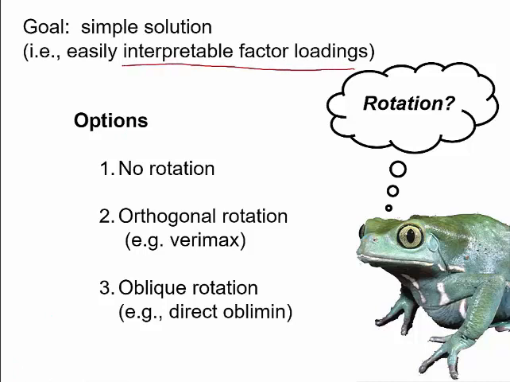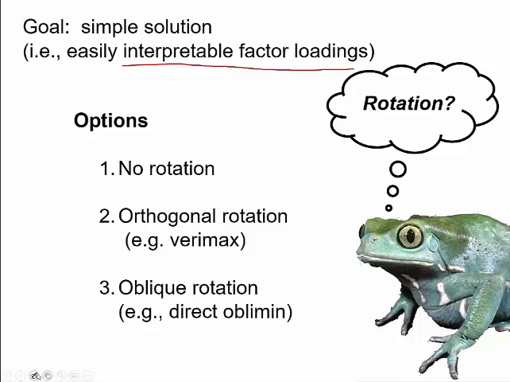So we're trying to get at a solution, we want to get a set of factor loadings that are easy to interpret. And oftentimes when we extract the number of factors we want to extract and look at our solution, it's often not very easy to interpret initially. So we're going to do something called rotation to try to make it easier to interpret.